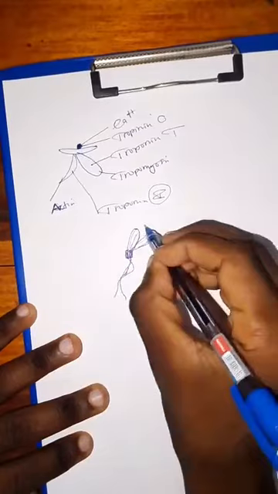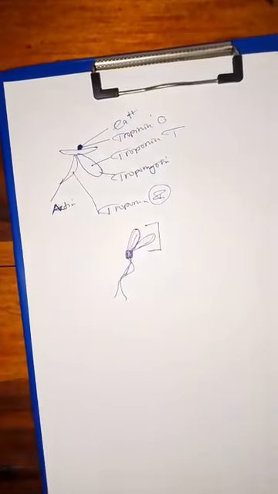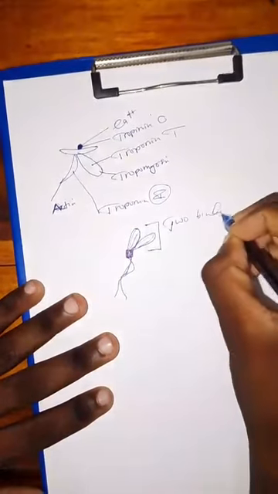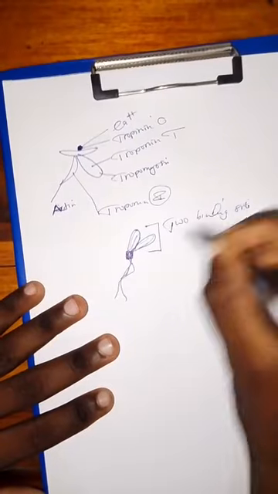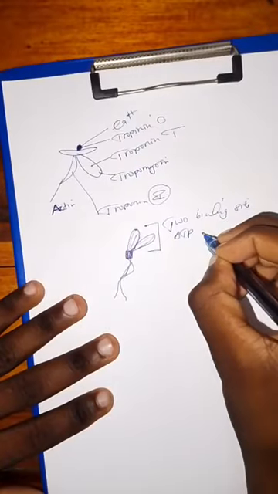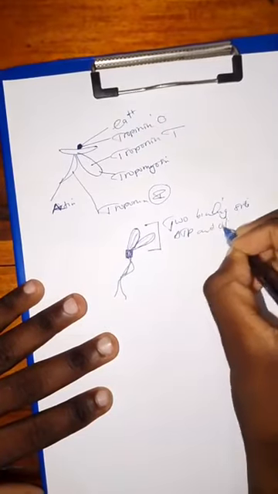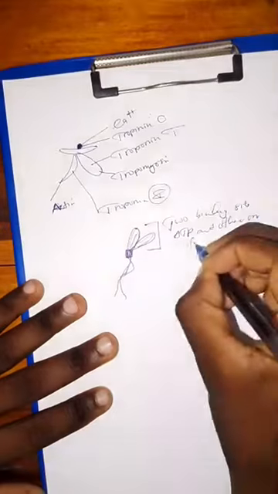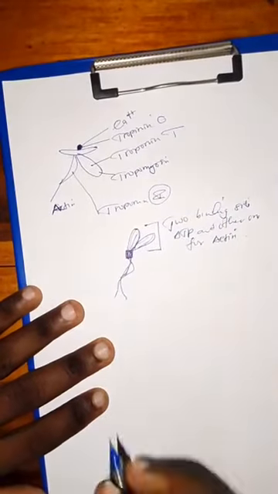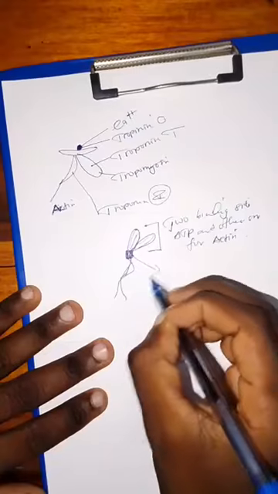This head of the myosin has 2 binding sites: one is for ATP, and the other one is for actin.